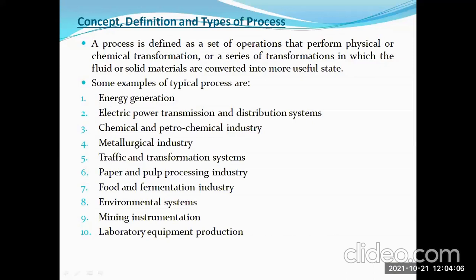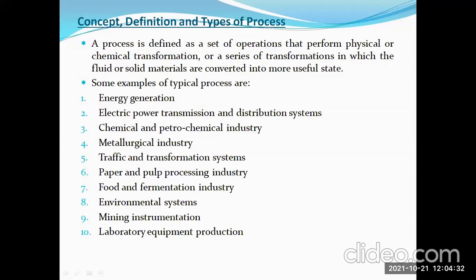In these industries we operate physical or chemical transformations. Physical means pressure control, level measurement, flow measurement, temperature measurement or temperature control. These are basically the physical states of our industry that we have to control.